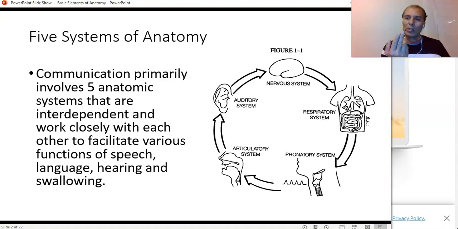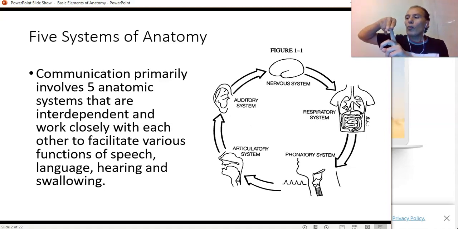Now, as we force the air out, the vocal folds are placed in the trachea, in the larynx, on top of the trachea. And they are placed like a V. There's an opening between them, just like a V. And as the air goes out, we close the vocal folds, and that is going to trap the air.